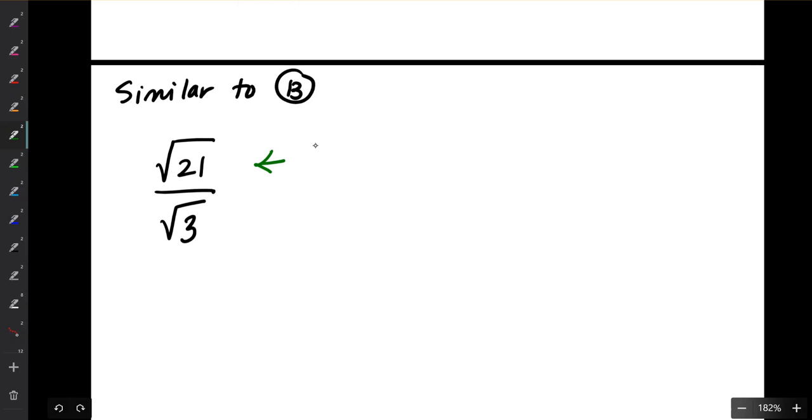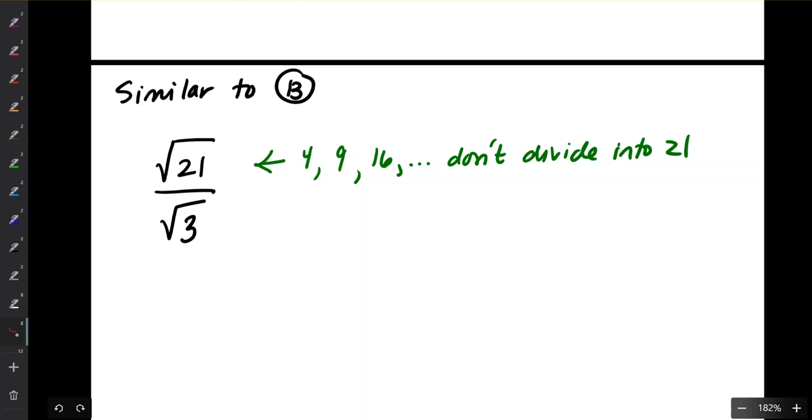You know, 2 squared is 4. 4 doesn't go in evenly to 21. 3 squared is 9. 9 doesn't go in evenly to 21, etc. 4 squared is 16. Right? These don't divide into 21. And so, what is there to do here?